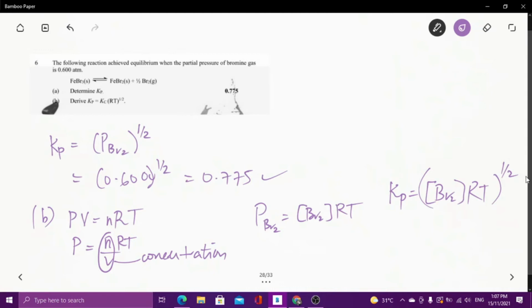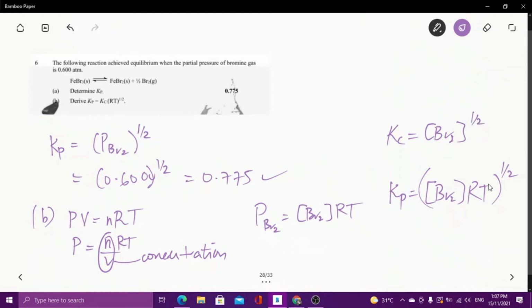Okay, so apa yang kita akan buat, kita akan compare pula this one with the value of Kc.